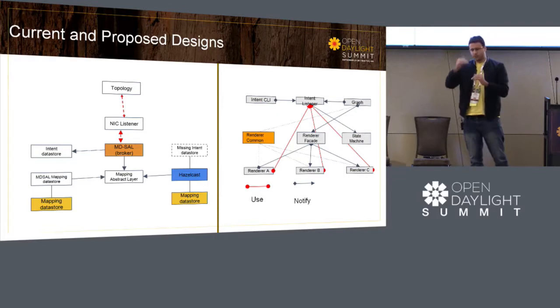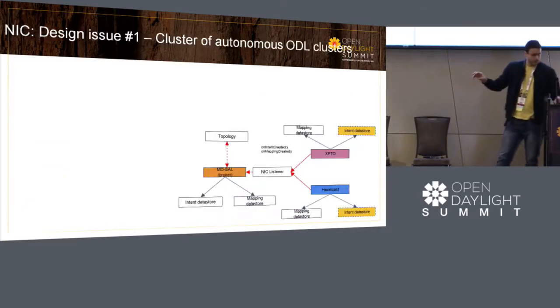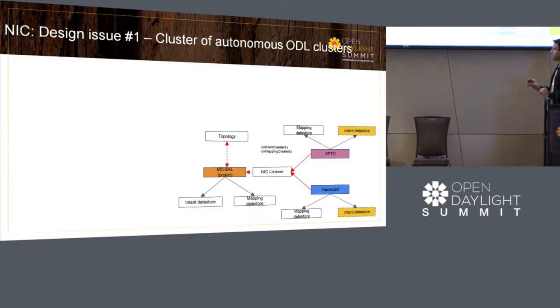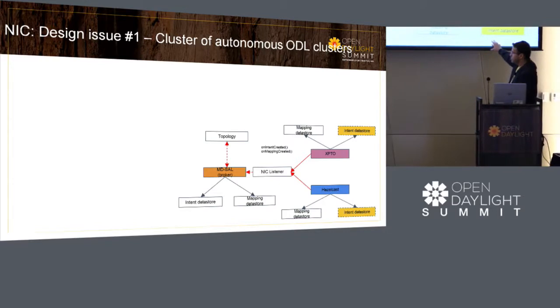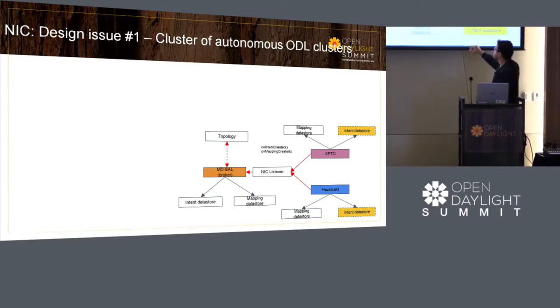Once we have this, when we apply a new intent, we can share the intent and the mapping service with all the nodes in a cluster. So this is the next step for the NIC project, where we are creating a data store for those intents and a mapping data store.